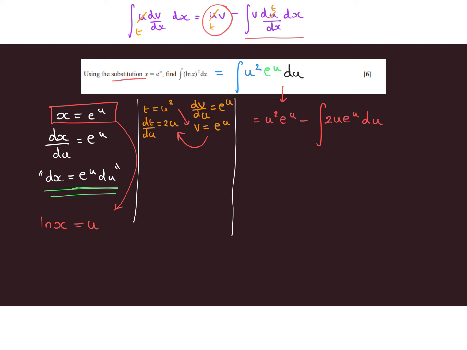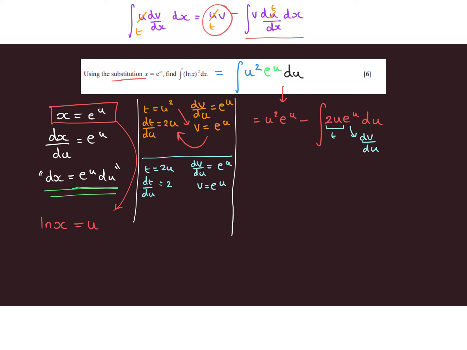And this now requires another round of integration by parts over here. So this is going to be our t, and this is going to be dv by du. So t is equal to 2u, dt by du will be 2, dv by du is going to equal e to the u, and v will equal e to the u.